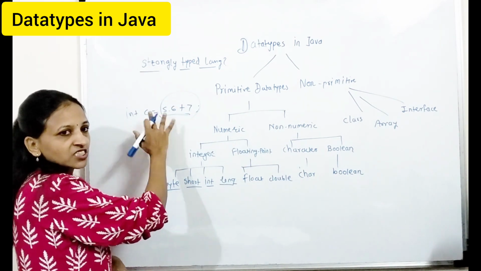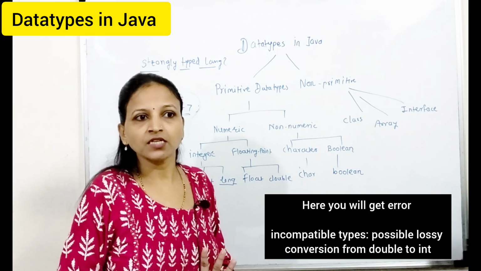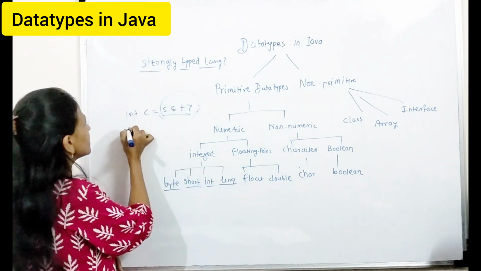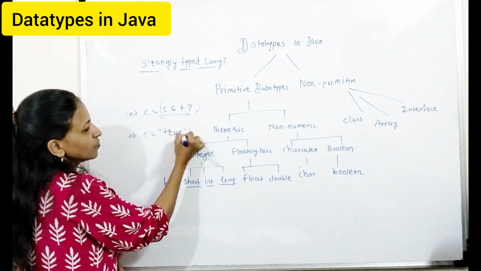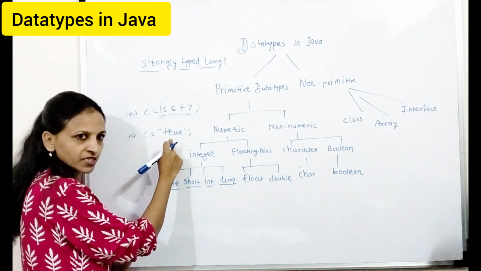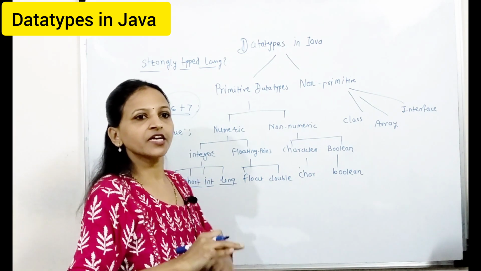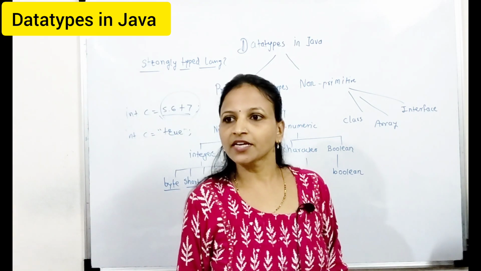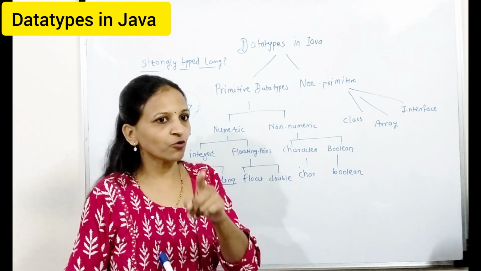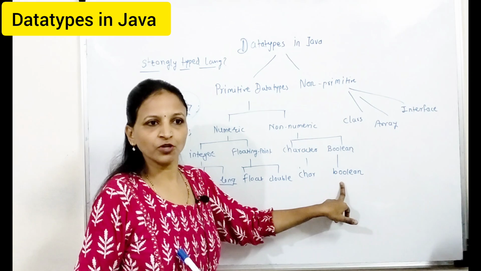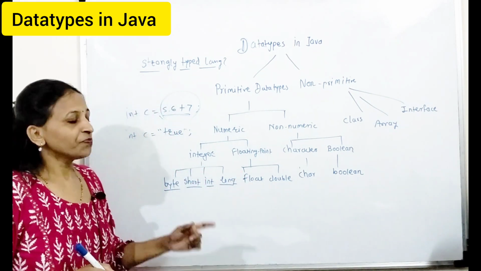If it is not matching, the compiler will give you an error: incompatible types. If you write integer c equals true, that is a boolean value, and you are assigning it to an integer, so the compiler will give an incompatible types error. So strict type checking is always there. I will give one more example when I explain boolean, showing how that strict type checking is done. Okay. Next point.